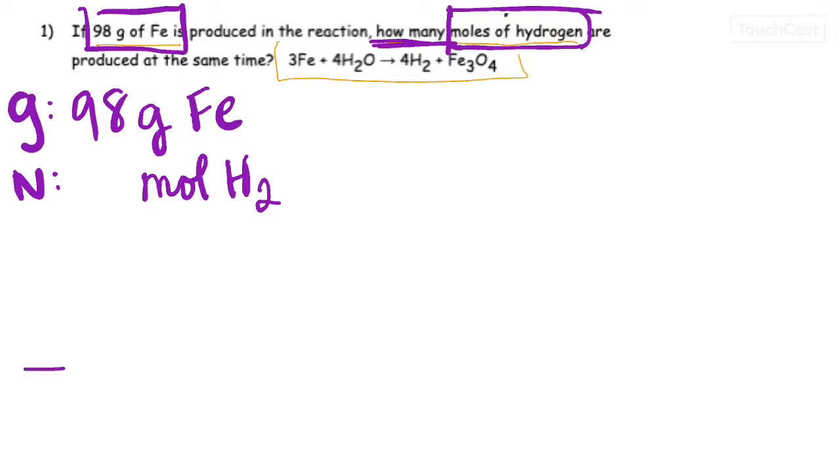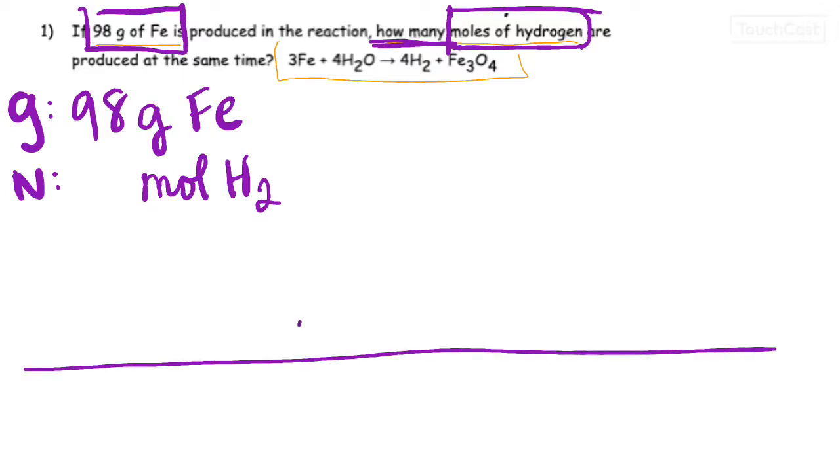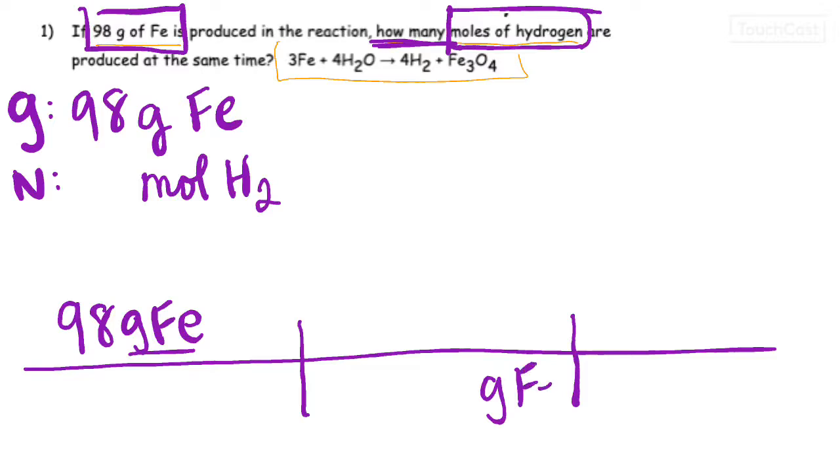Next step is to draw my train tracks. And I always put my given in the top left corner. First thing I need to do is cancel out grams of Fe to get moles of Fe. And I'm going to use my molar mass to do this.